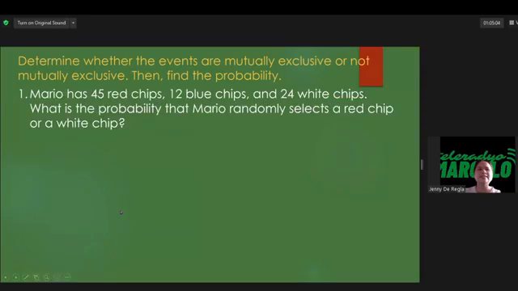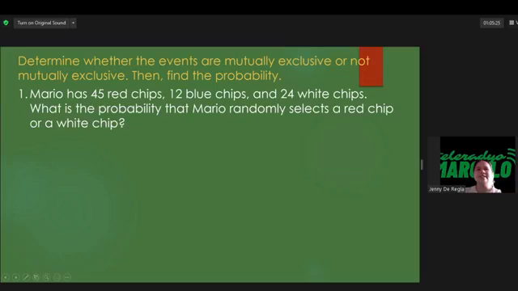So for the application, determine whether the events are mutually exclusive or not mutually exclusive. Then find the probability. Number 1, Mario has 45 red chips, 12 blue chips, and 24 white chips. What is the probability that Mario randomly selects a red chip or a white chip?